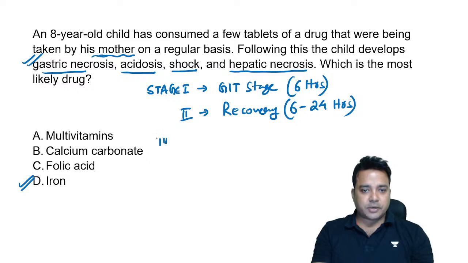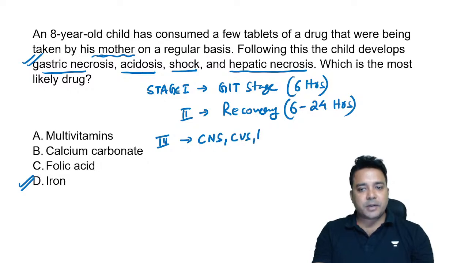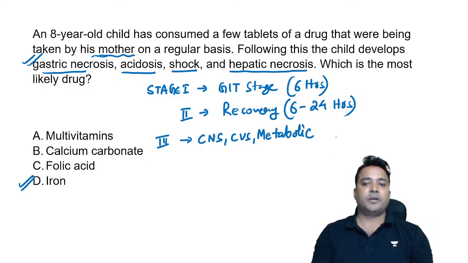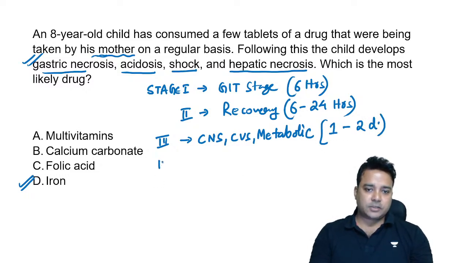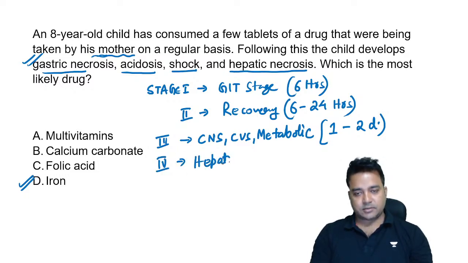now the patient can pass on into the third stage, which is going to involve multiple systems: CNS, CVS, and metabolic complications. Metabolic complications can occur after 24 hours, after 1 day, between 1 to 2 days. After that, stage 4 is the hepatic stage, between 2 to 4 days.